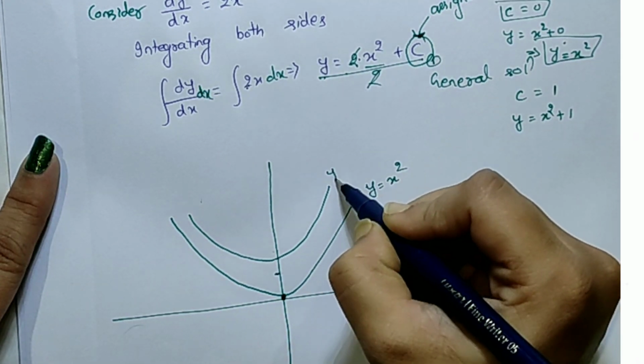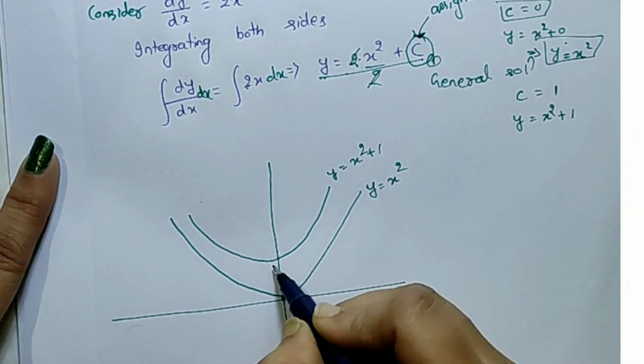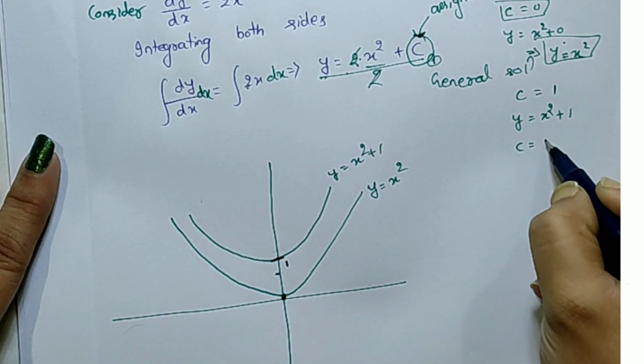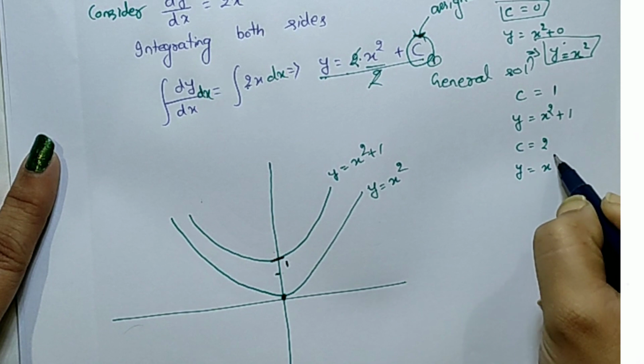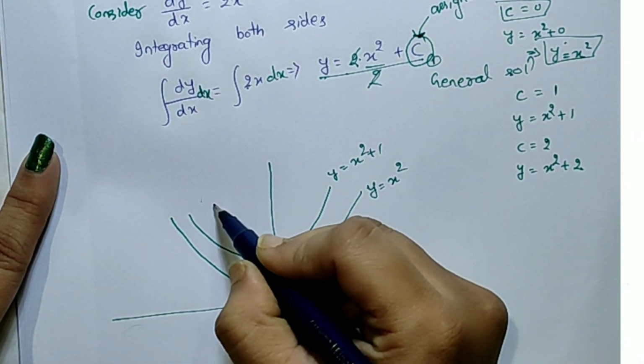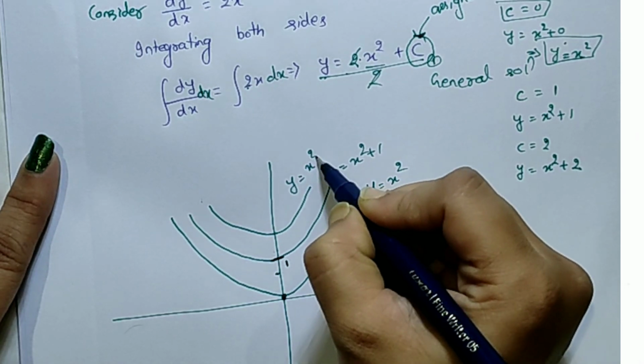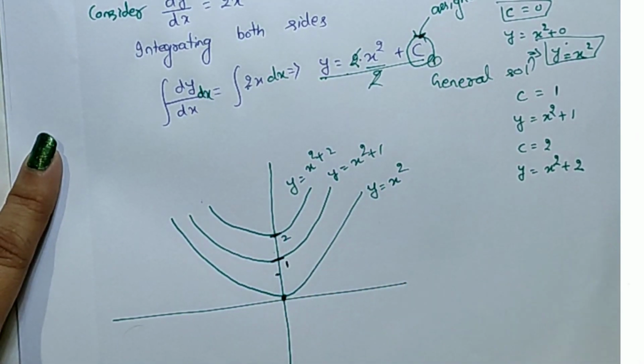So this is the graph of y is equal to x square plus 1. This point is 1. Suppose c is equal to 2. So we got y is equal to x square plus 2. This is the graph of y is equal to x square plus 2. This point is 2.